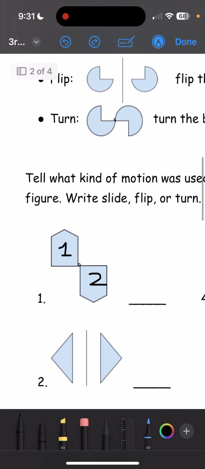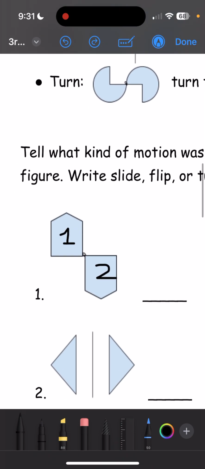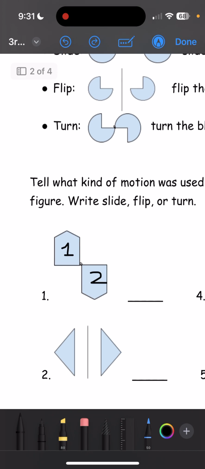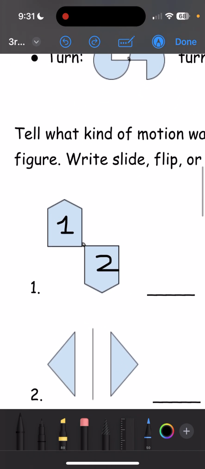And flip, it would flip here and become like this or like that. And clearly 2 is not one of the options, so it is not flip. When we turn it 90 degrees, it would come right here.